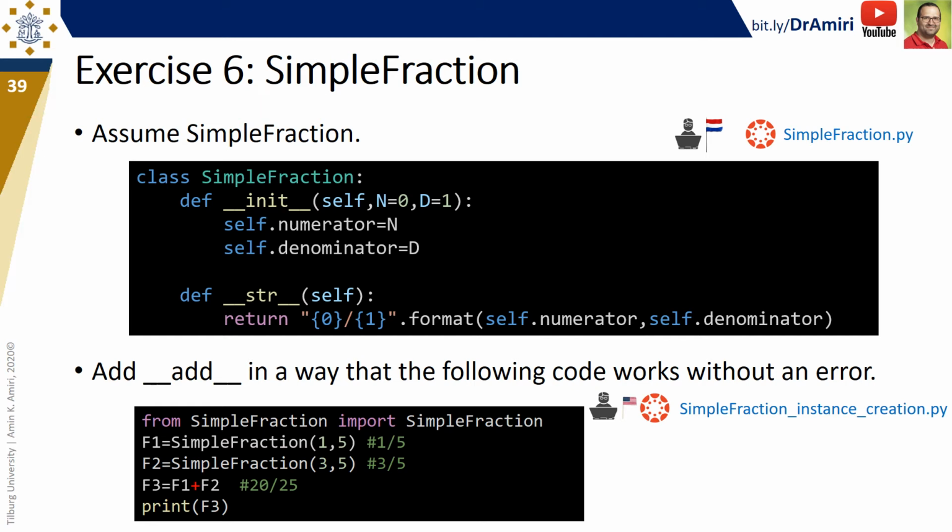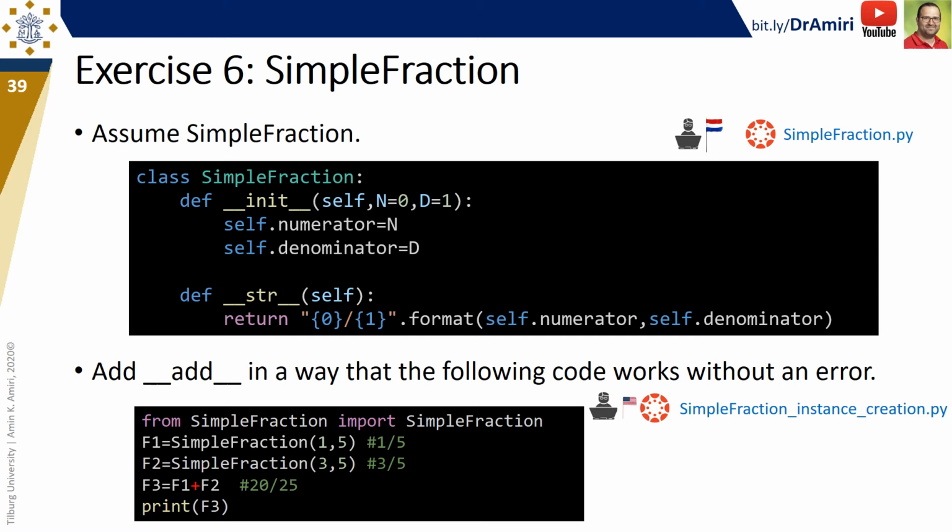The Dutch programmer also created __str__, as you can see. If you try to print an instance of SimpleFraction, it prints the numerator and denominator separated by a slash. So if 1 and 5 are given as two arguments to the initializer, it prints 1/5.